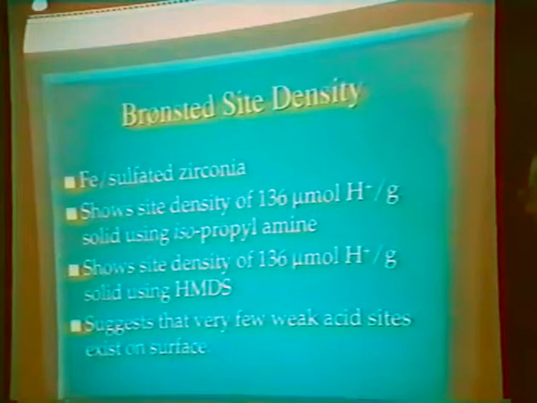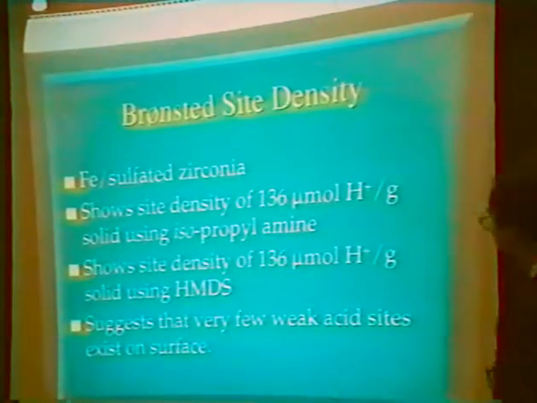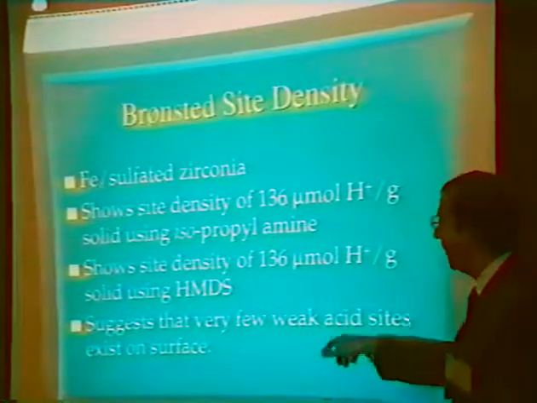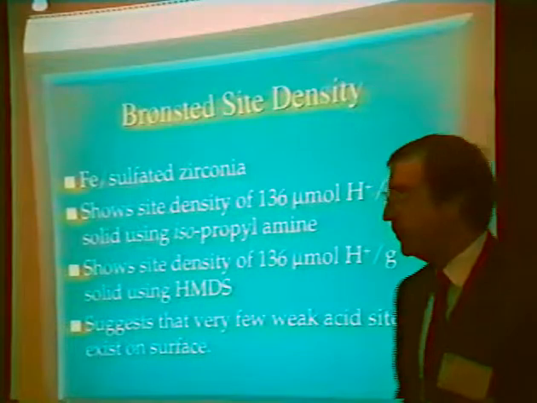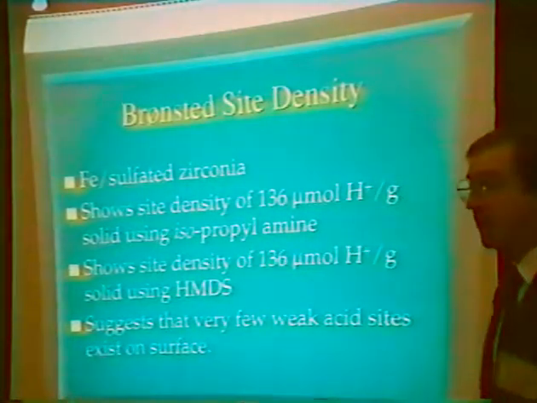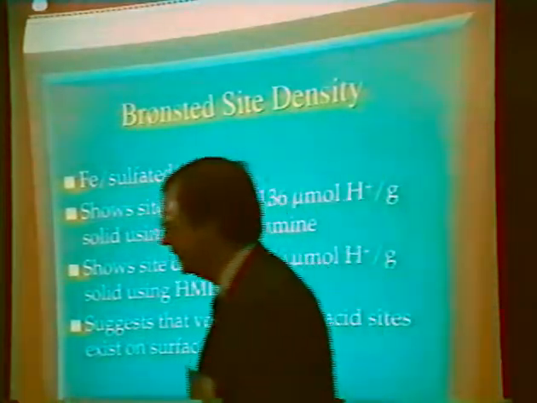So what I would suggest is that in this particular sample, there are very few weak acid sites or weak sites like OH on silica, but apparently most of the sites that are there are sufficiently strong to catalyze the Hofmann reaction on this solid.